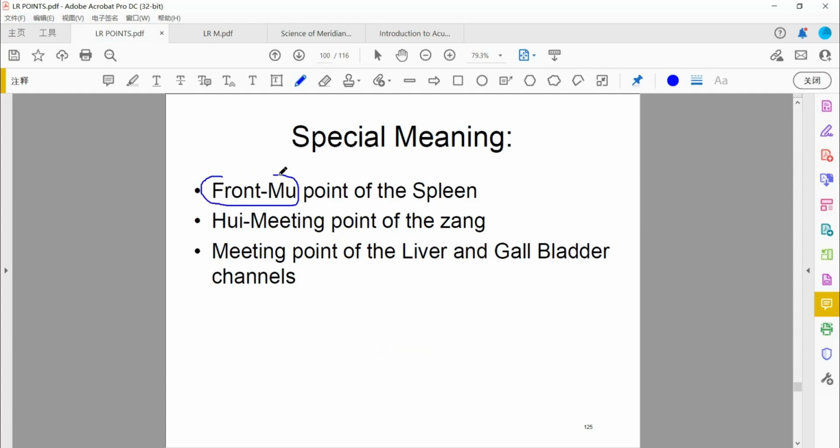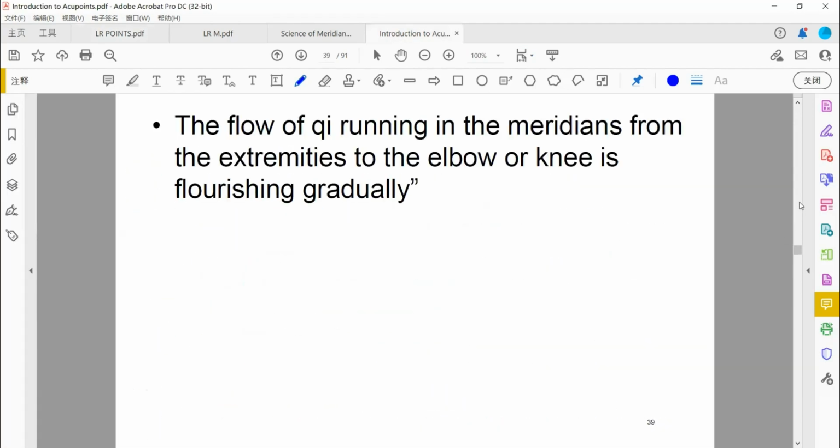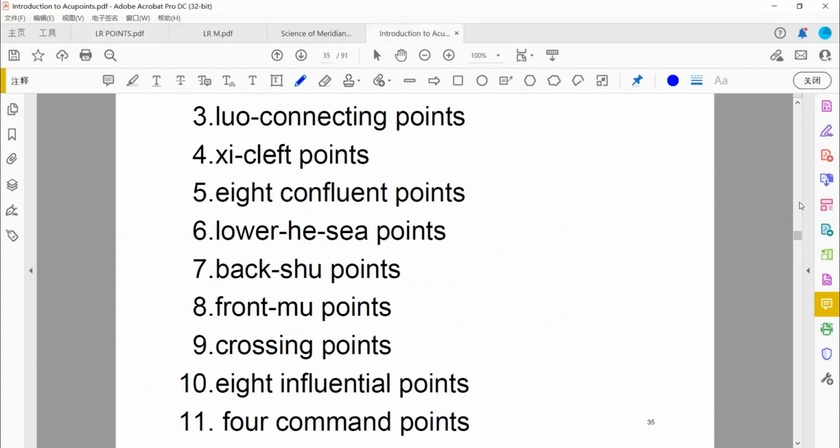So the Front-Mu point, what's the main action of the Front-Mu point? Yeah, think about this question. When is it special, right? Special points, right? In the introduction part. Introduction, let's take a look.